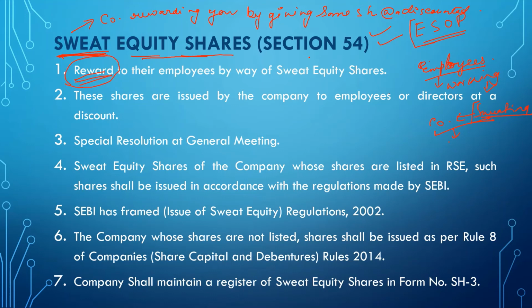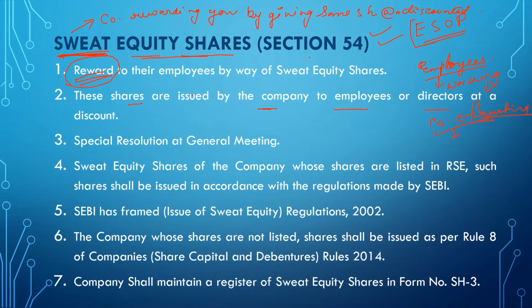Now, these shares are issued by the company either to the employees or directors at a discount. This is also issued at a discount, but it comes under a different topic, that is sweat equity share.